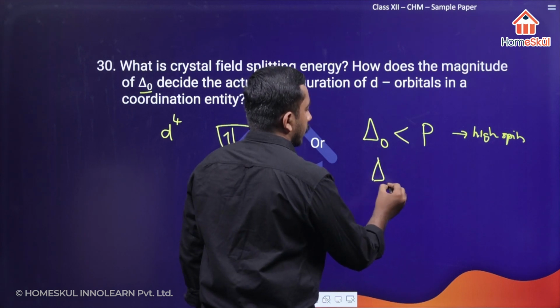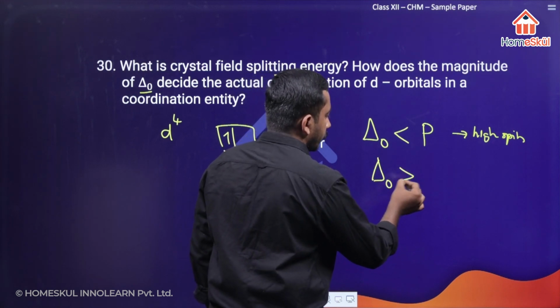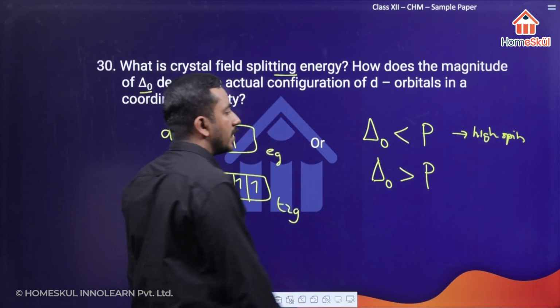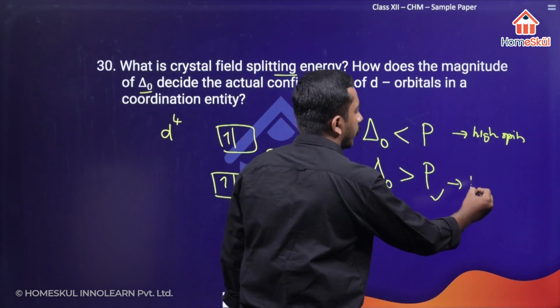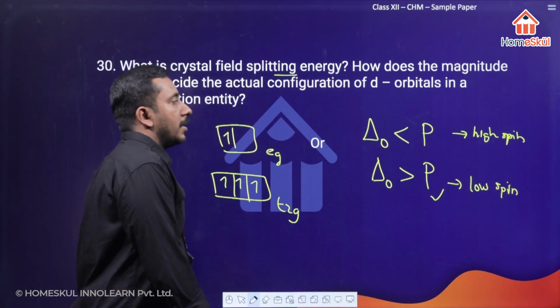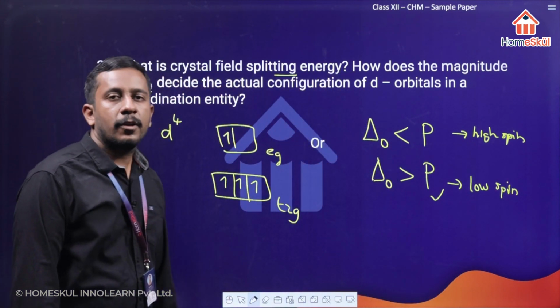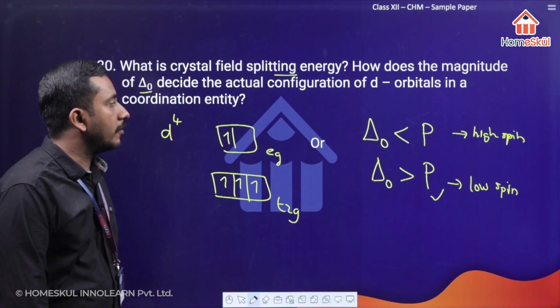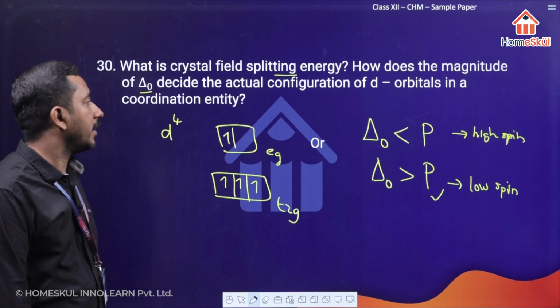Or in the second case, suppose that the splitting energy is higher and the pairing energy is lower, then obviously pairing will be preferred and we will obtain a low spin configuration. That is how the placement of electrons in the orbitals is explained by the comparison between the crystal field splitting energy and the pairing energy.